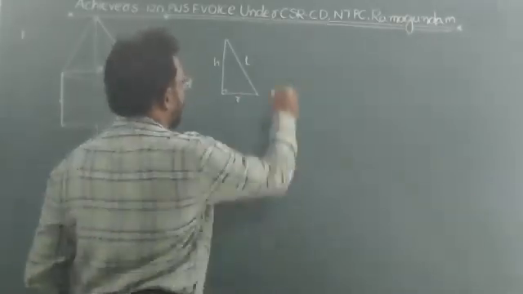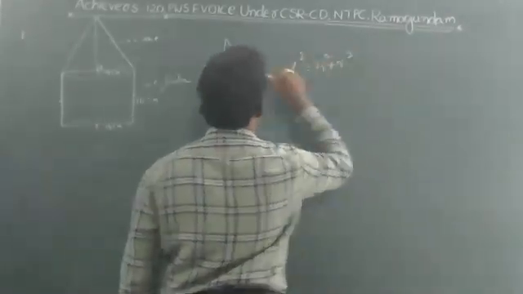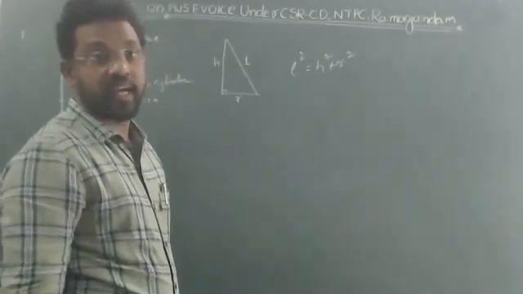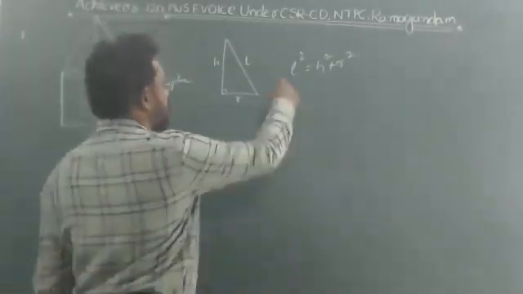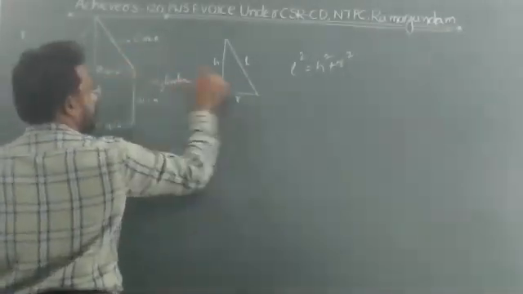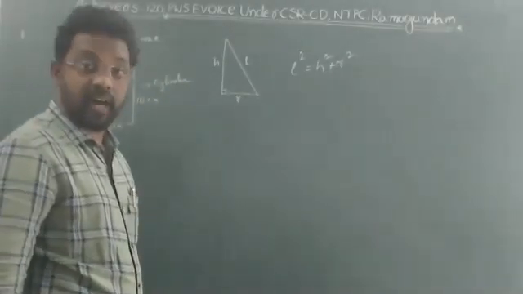If you want to find L, this is the formula: L square is equal to h square plus r square. L is nothing but slant height. If height and r are given, this is the formula to find it.